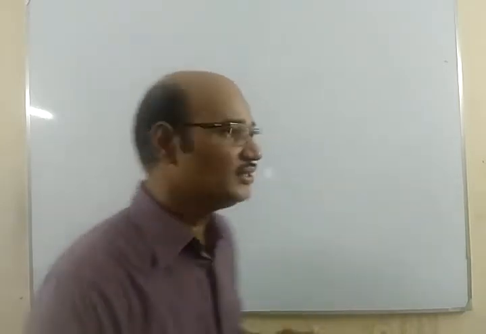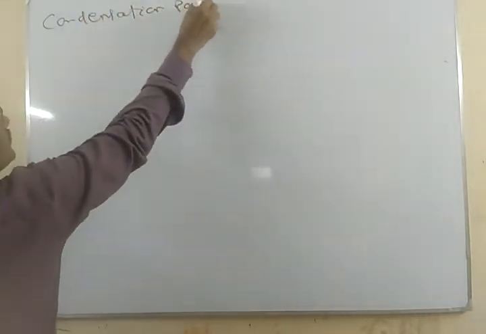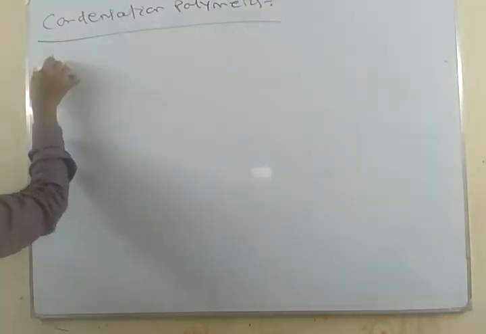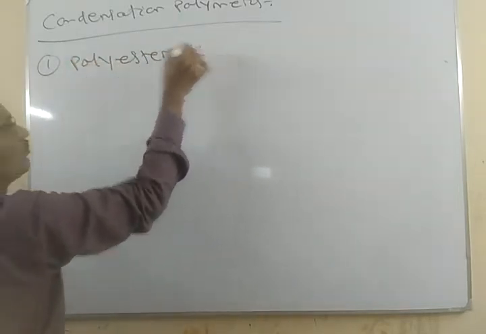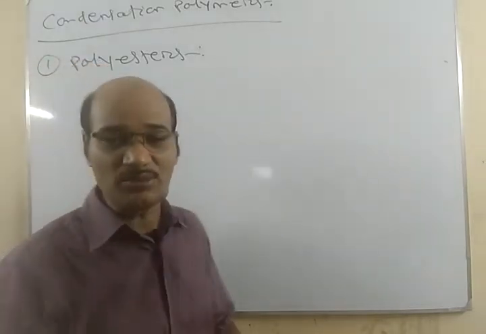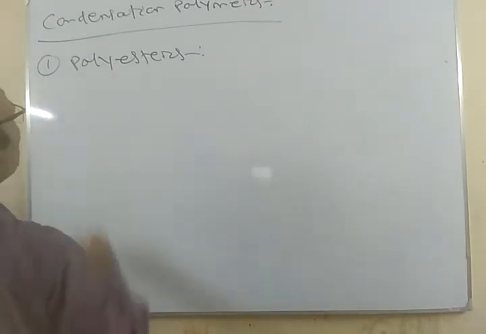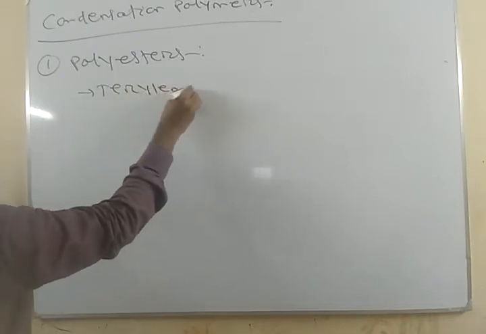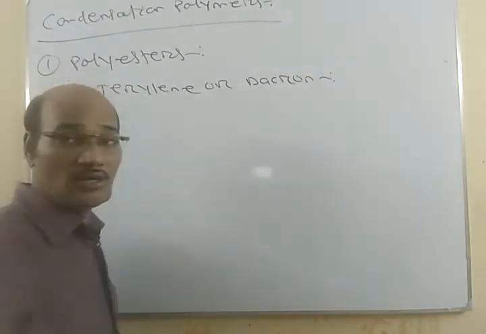First of all, let's see your condensation polymers. You have a class of polyesters. Polyesters, that means the ester units. Okay, so one of the most important polyesters is terylene or Dacron.